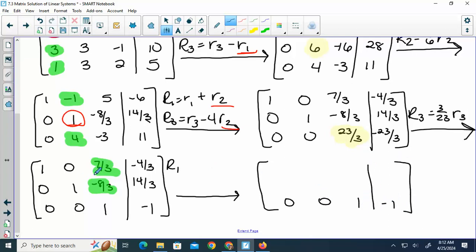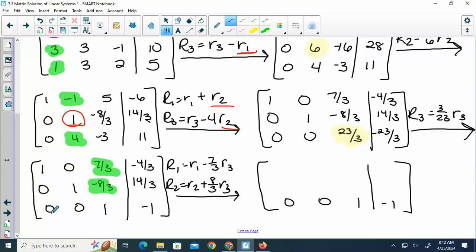So row 1, starting row 1, it's a positive 7/3, so we have to subtract 7/3 of row 3, because that's the one that has a 1 in that position. Okay, for the second row, start with row 2, it's a negative 8/3, so we would add 8/3 of row 3.